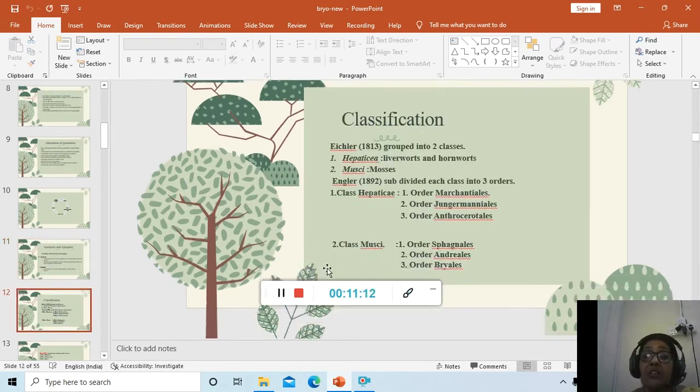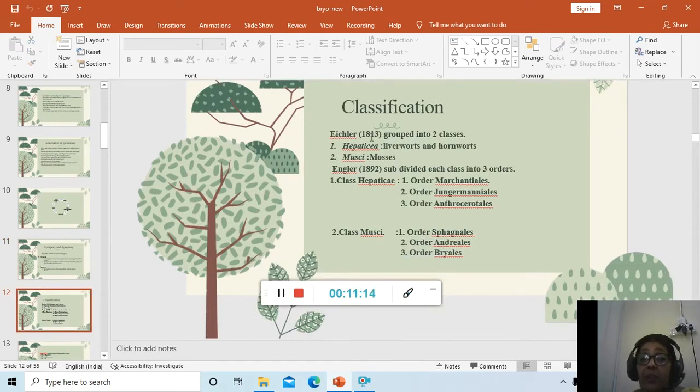About the classification, according to Eichler, the bryophytes are classified into two classes. That is at the beginning of the 18th century. One is Hepaticae, then Musci. Hepaticae contains the liverworts and hornworts. Musci contains only mosses.